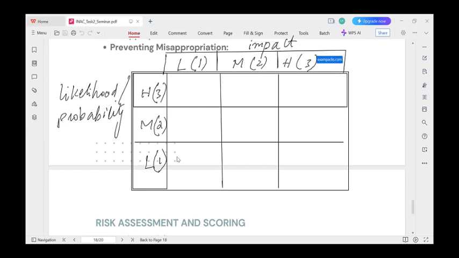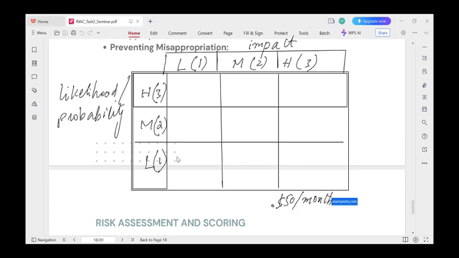Okay, all right. So if there is a risk of theft in your inventory, and if that theft is happening, it means the company is losing $50 every month.